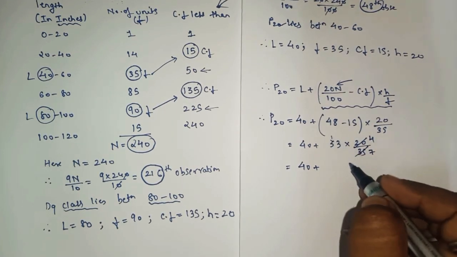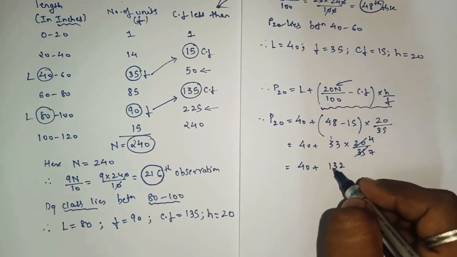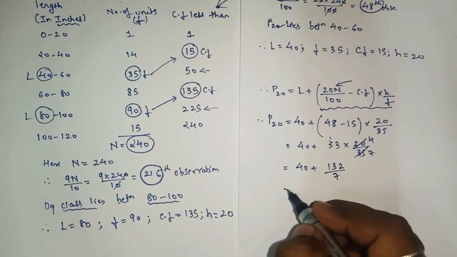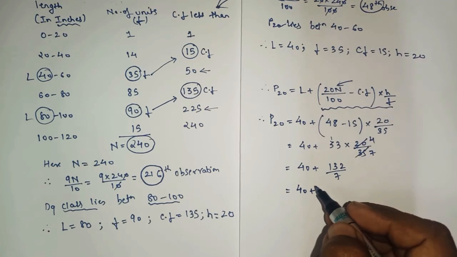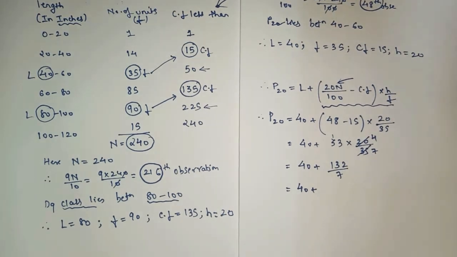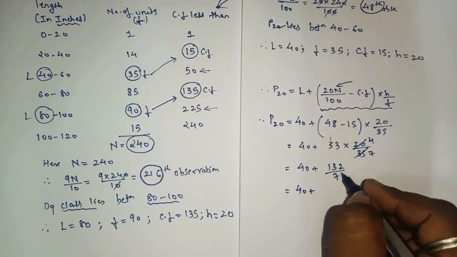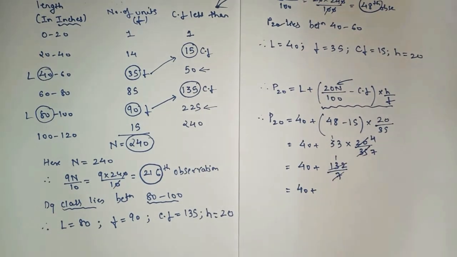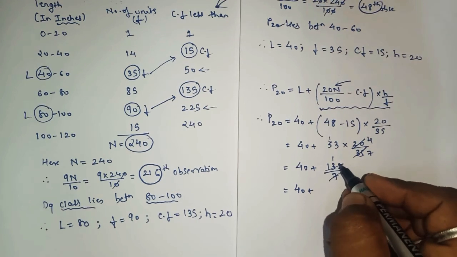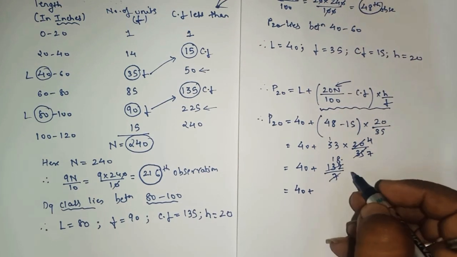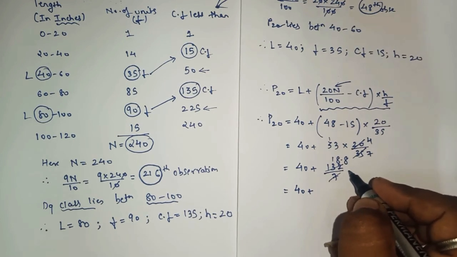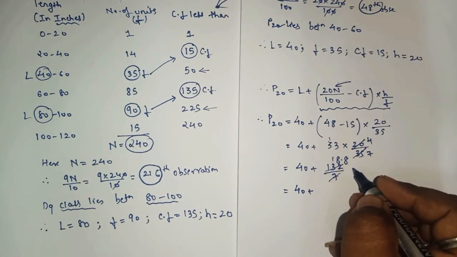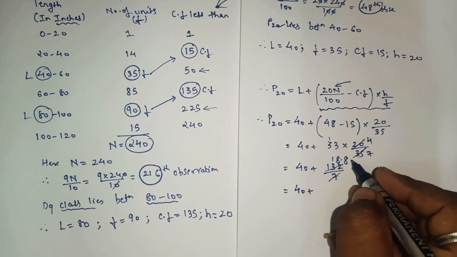That is 4 threes are 12, 132 upon 7. So divide and see. 7 ones are 7, 6, 7 eights are 56, again then 8, and then 7 fives are 35, 40. So here you will get what?